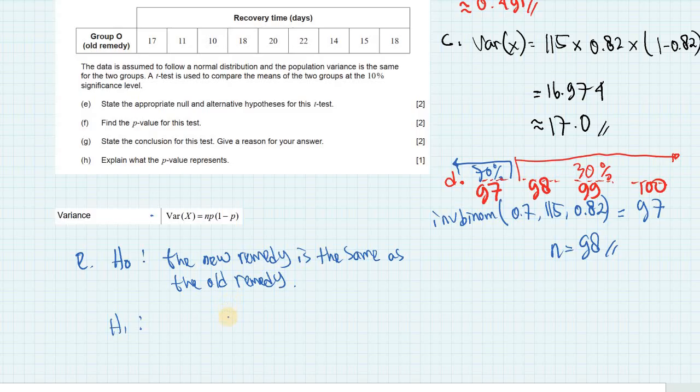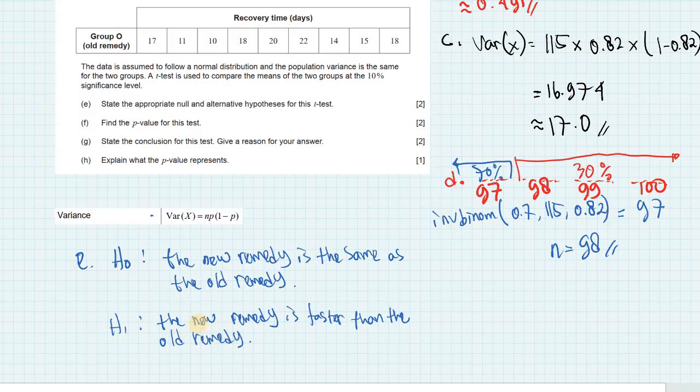The alternate hypothesis will be: the new remedy is faster than the old remedy.